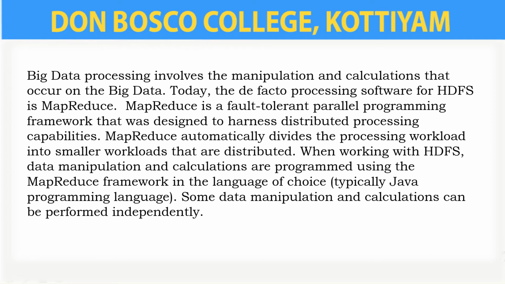It is a core component and integral to the functioning of the Hadoop framework. MapReduce automatically divides the processing workload into smaller pieces, and processes them in parallel on Hadoop commodity servers.